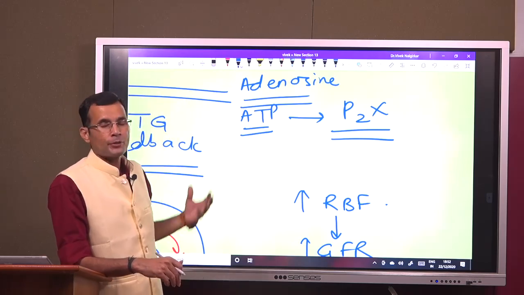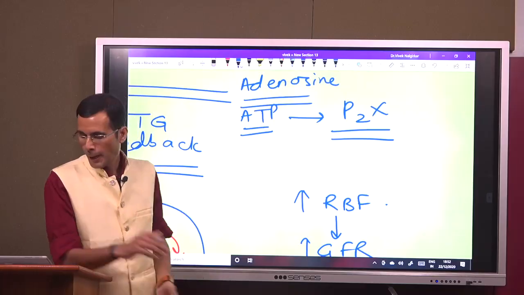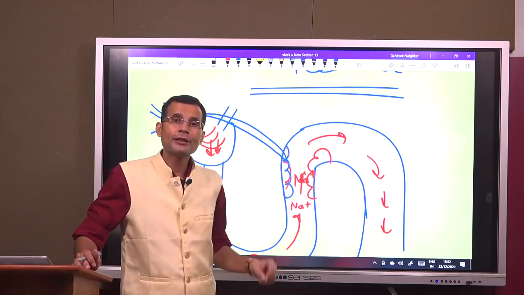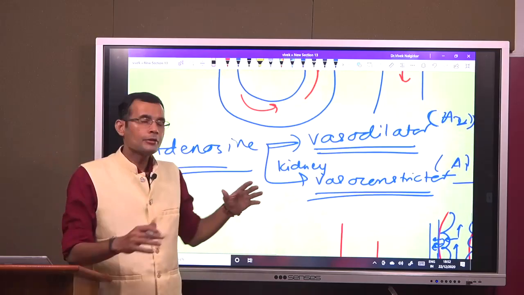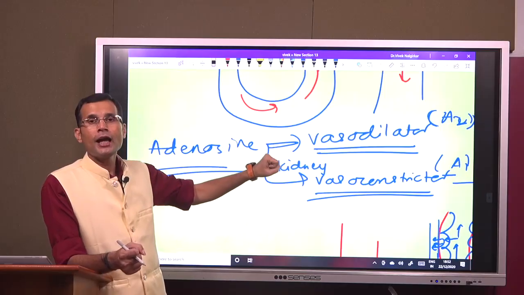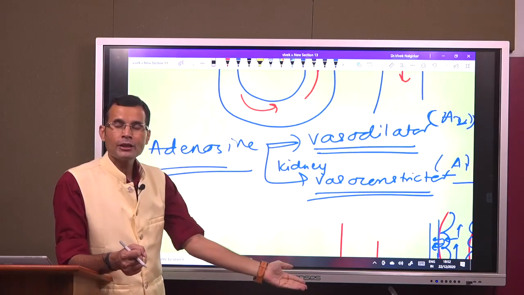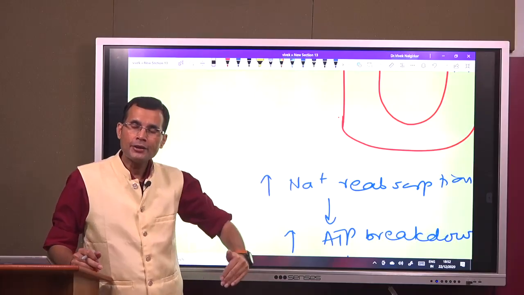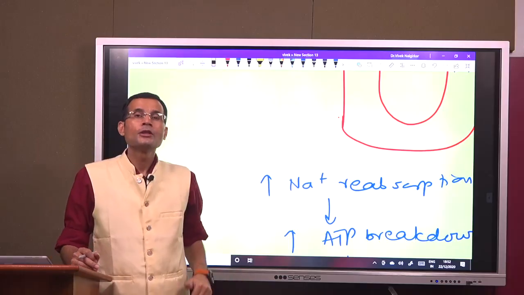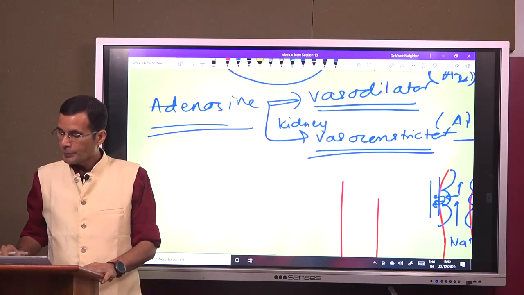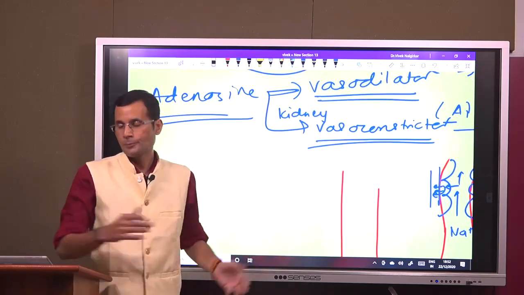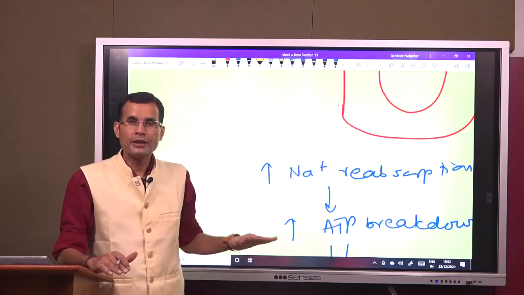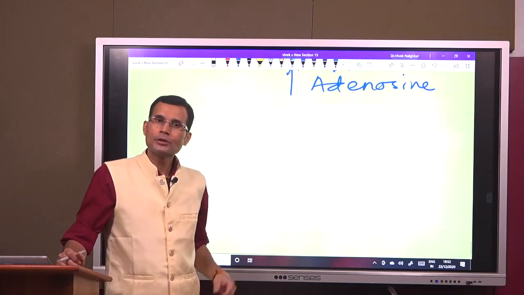So, via the purinergic receptor of adenosine triphosphate, even ATP can initiate this tubuloglomerular feedback, and the effect is constriction of the afferent arteriole. So less blood will come into the glomerulus, and therefore less glomerular filtration rate and less filtration of sodium. So sodium will come less and less into the tubules. That is how loss of sodium and fluid and electrolyte imbalance will be prevented. That is the function of tubuloglomerular feedback.